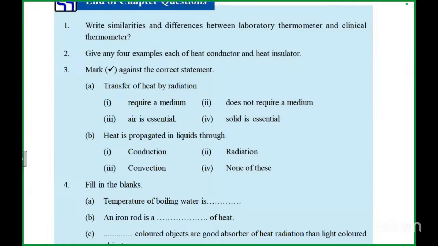Now, third question, pick the correct answer. The first part, transfer of heat by radiation. Abhijah. Transfer of heat by radiation requires a medium, does not require a medium, air is essential, or solid is essential.